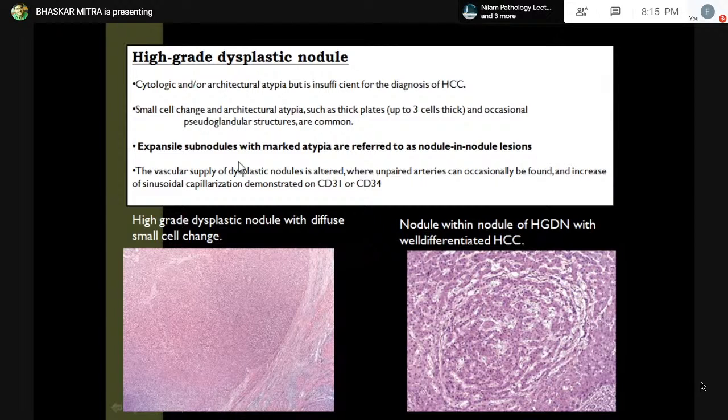Sometimes an expansile subnodule with marked atypia may be seen within these nodules. This is termed the nodule-in-nodule appearance. These are nothing but well-differentiated hepatocellular carcinoma developing in a high-grade nodule. These high-grade dysplastic nodules show a bit more cytological and architectural atypia.